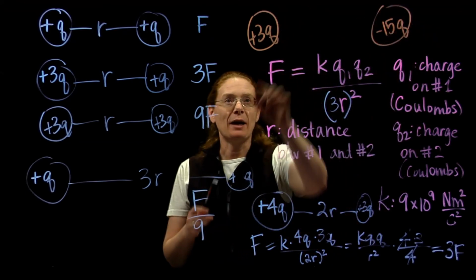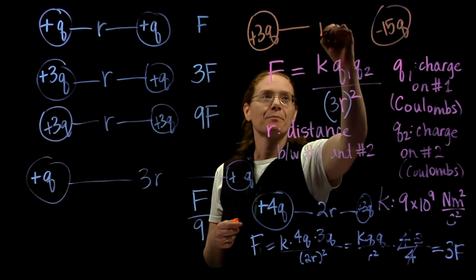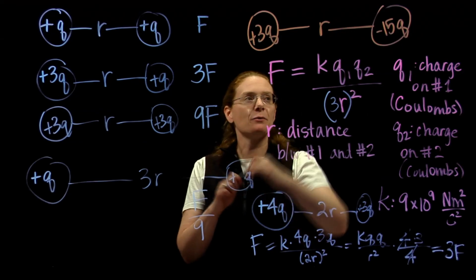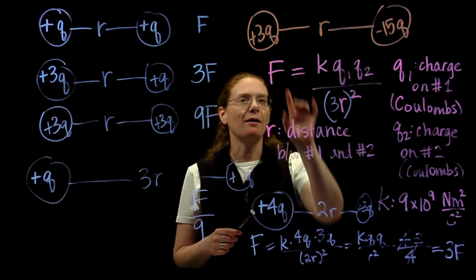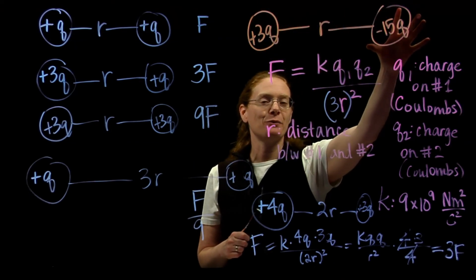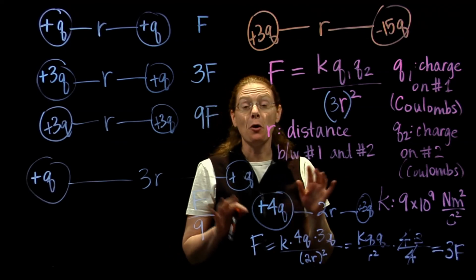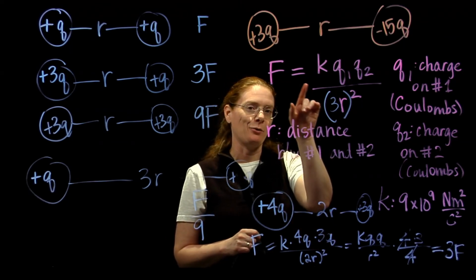So if I have a plus 3q and a negative 15q a certain distance away, how does the force of the negative 15 on the 3 compare to the force of the positive 3 on the negative 15? So that's your homework for this video, is making sure you know how to answer that question correctly.